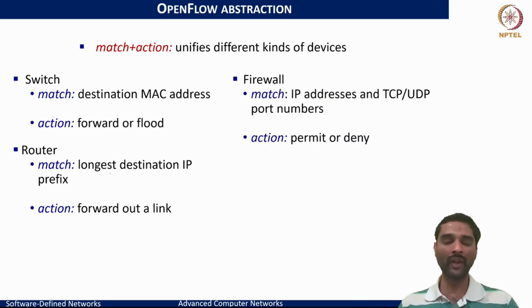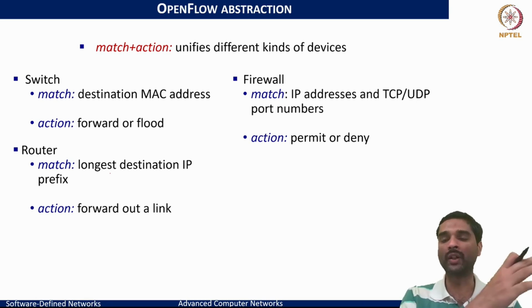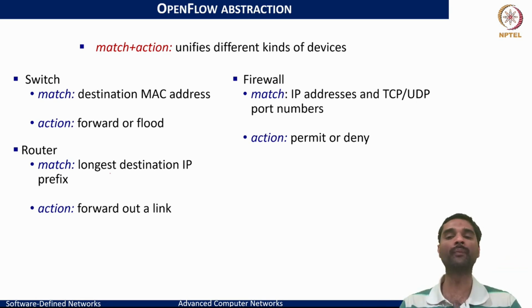Further up, we can even implement specific middle boxes right within the construct of OpenFlow. Like think of a firewall. What it would typically do is try to match on specific IP addresses, either the source IP or a destination IP, and try to match on the specific TCP or UDP source and destination port numbers.